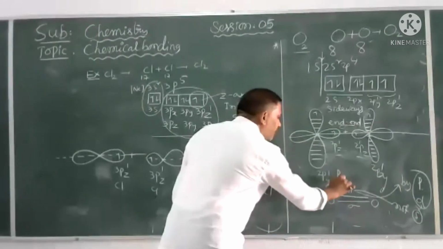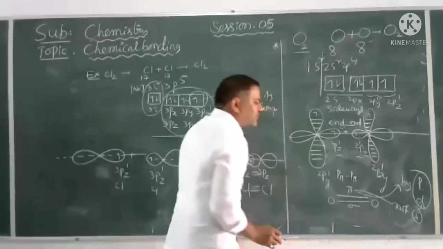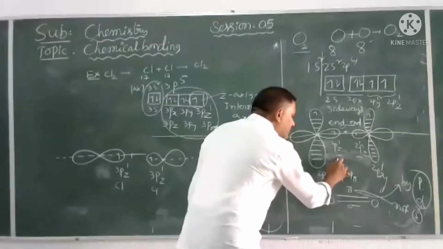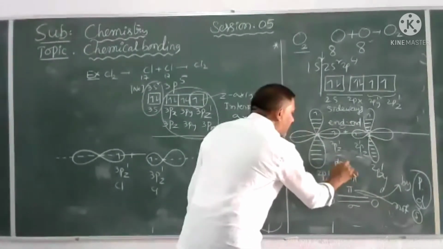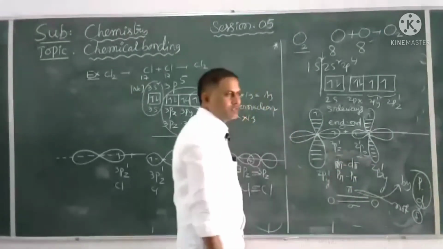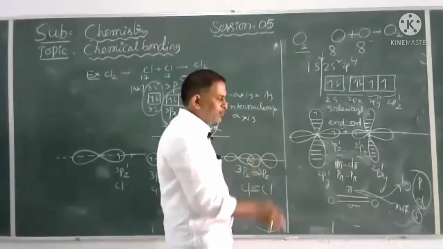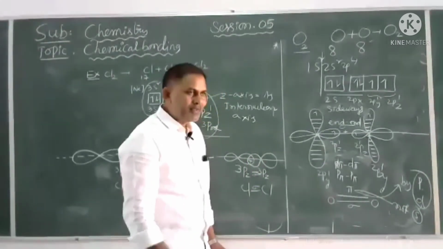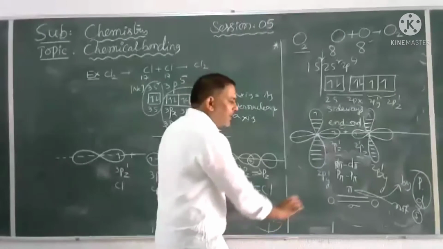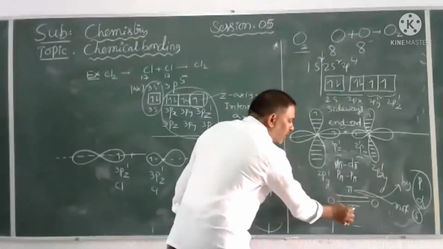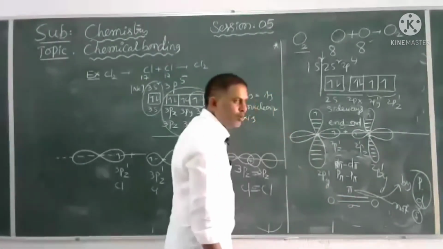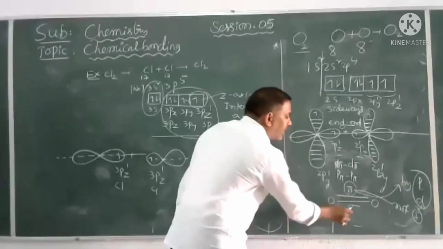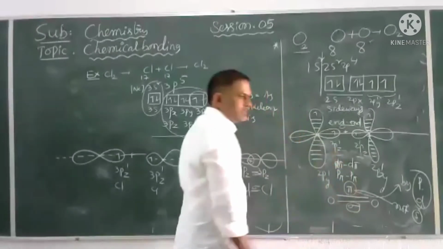Like p pi and p pi bonds, both are p orbitals. If they are different orbitals, there are p pi and d pi bonds. In second year, in 15th group elements, some such bonds are there. These pi bonds are always formed after formation of the sigma covalent bond, so they are generally present along with sigma bonds.